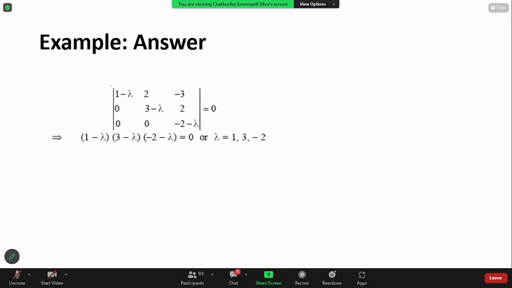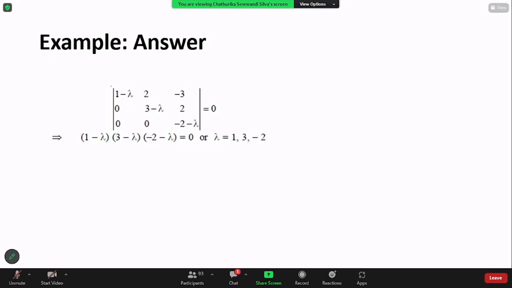What is the eigenvalue of A cube? 1, 27, minus 8.